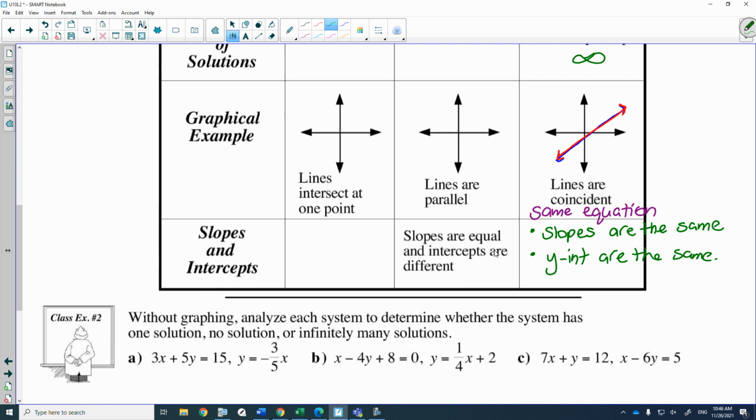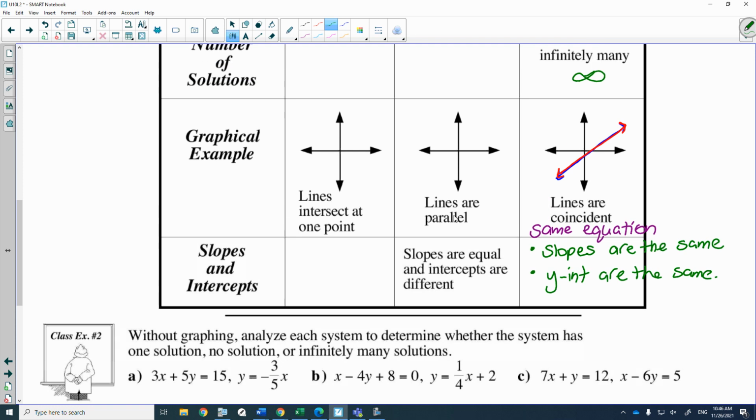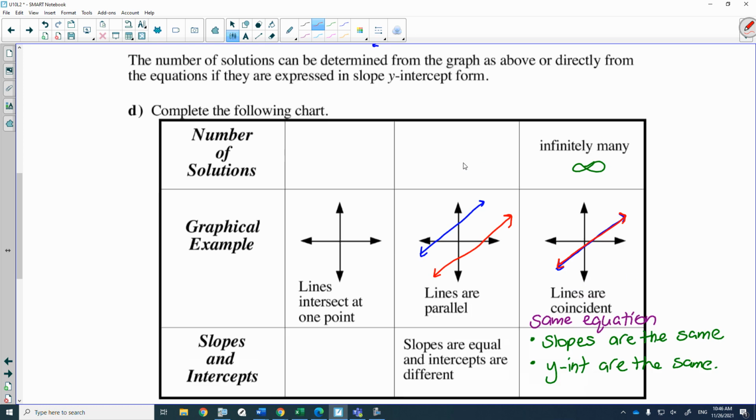The next scenario was lines that are parallel. So draw two parallel lines on here. System 1, System 2. Wale, two parallel lines. How many solutions will these have? 0.